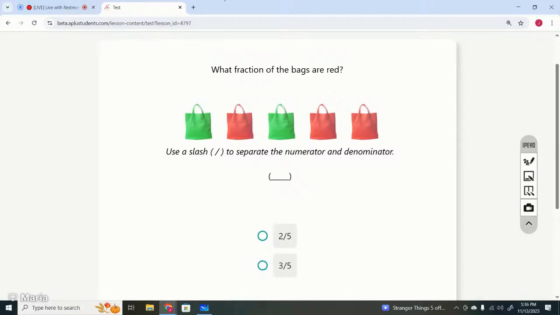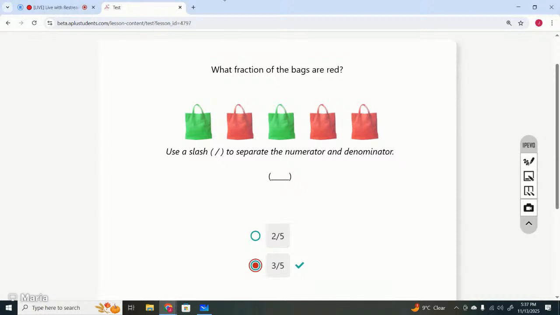What fraction of the bags are red? Which is the correct option? That is 3 by 5.